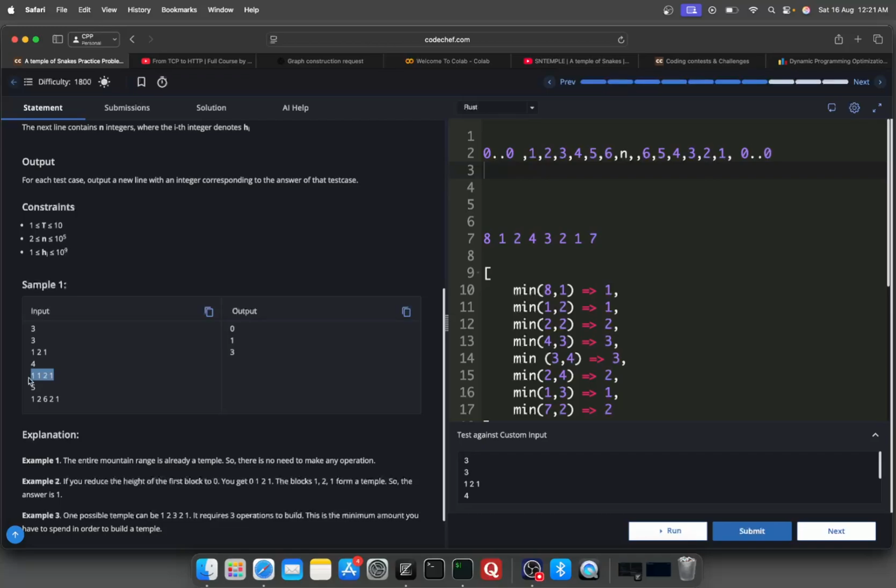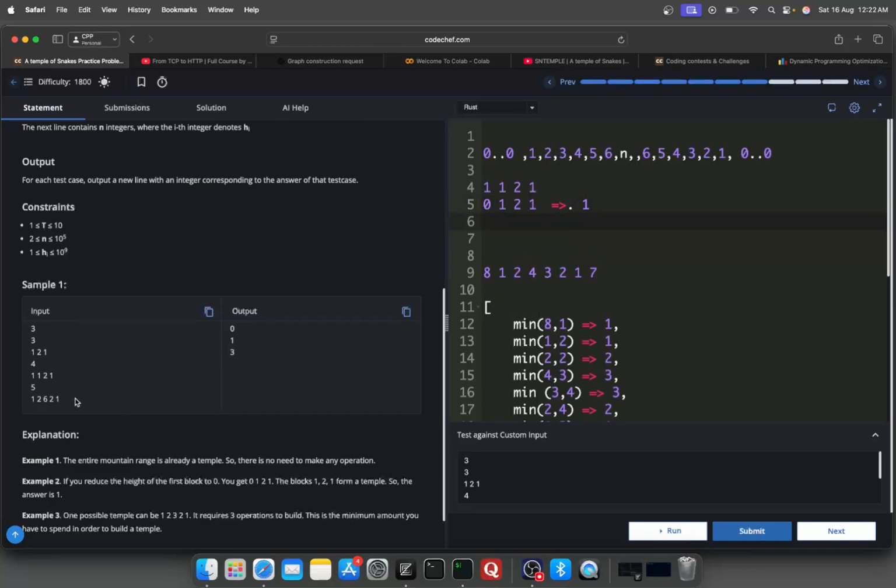And let's talk about the second input. If we perform an operation on the zeroth element and decrease it by 1, the array looks like this one. And how many operations did we perform? 1, so that's why the answer is 1.